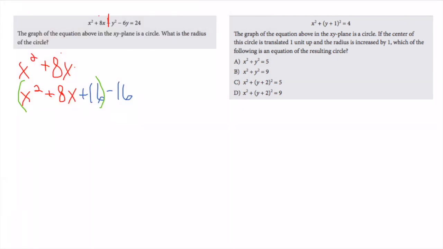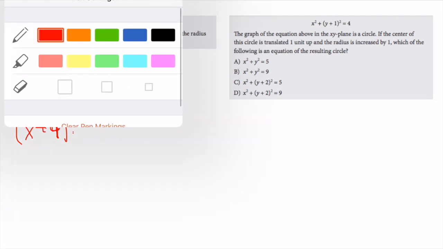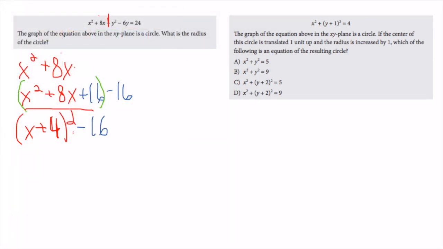What you just did for yourself is you made this now (x plus 4) squared. If I were to FOIL this out, I would be left with x squared plus 8x plus 16. But a cheat is to just take their middle term, divide it by 2, and that's what you put. Again, I haven't dealt with this minus 16 yet, but I will in a second.